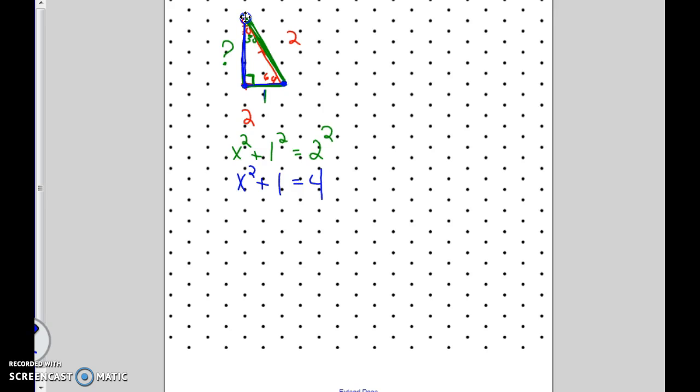Oh, what do I do next? Subtract 1 from it. Very good. So now I have x squared is equal to 3. And then would I take the square root of both of those sides? So that means that this side right here is the square root of 3.